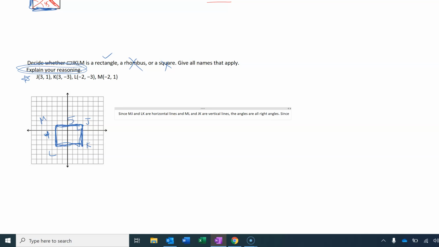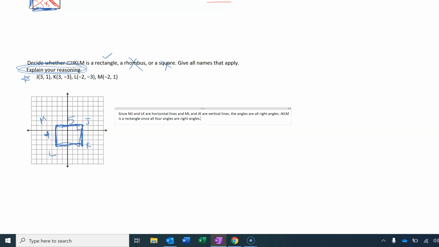And then I would say since, okay. So let's see, instead of saying since again, that's kind of redundant, let's say JKLM is a rectangle. Oops, a rectangle since all 4 angles are right angles.